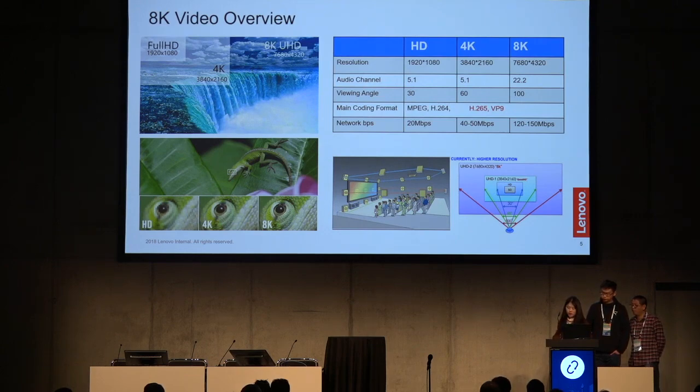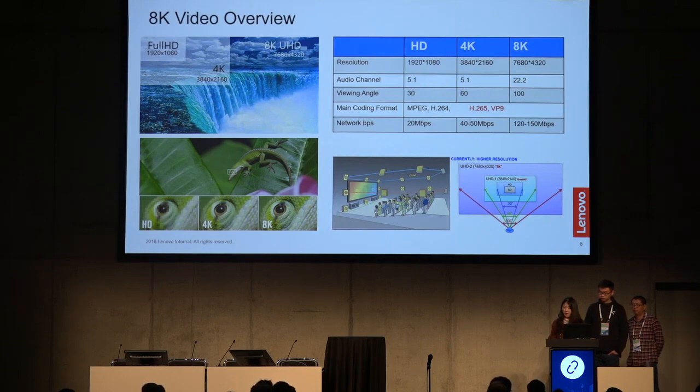As for the audio channel, 8K Ultra HD supports 22.2 audio channels rather than the 5.1 channels of 4K. And the 100 degree viewing angle empowers the user to catch every frame and enjoy the video with an immersive sense.